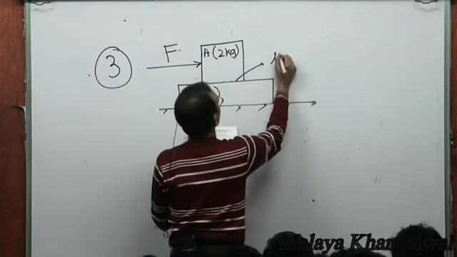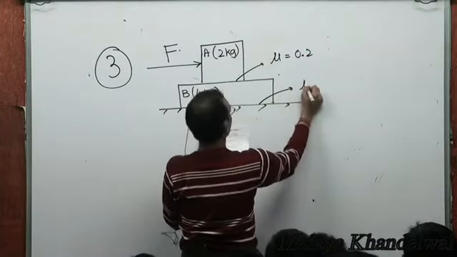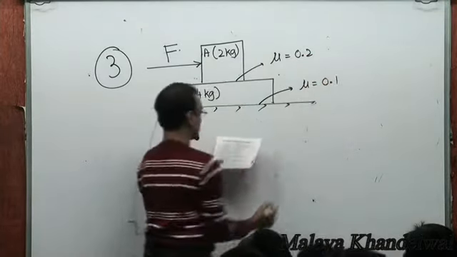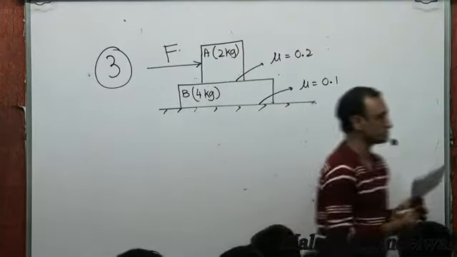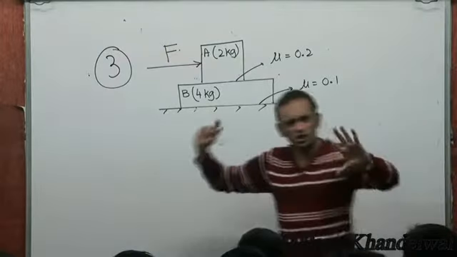This is mu equal to 0.2. This is mu equal to 0.1. Okay, let's analyze this system and get past the magic numbers. Right? But so far so good, right?